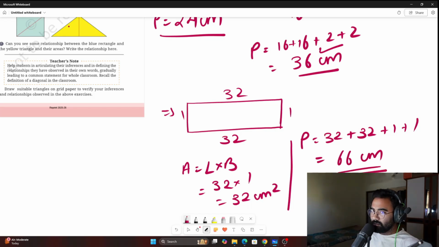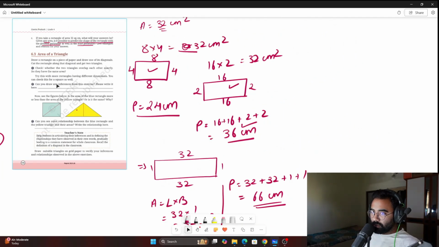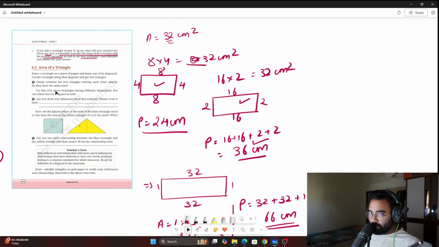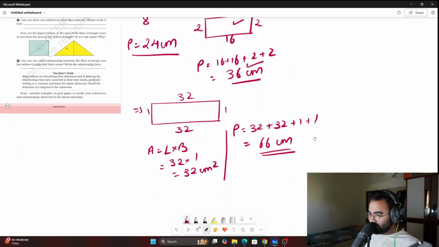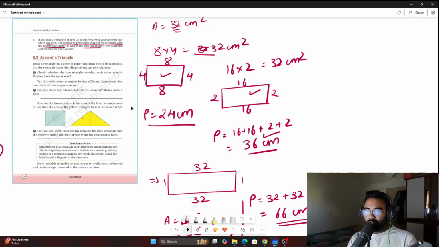I think this is the greatest perimeter, that is 66, and this is the least perimeter, that is 24. I think this addresses this question sufficiently, and with this we have reached the end of this video.